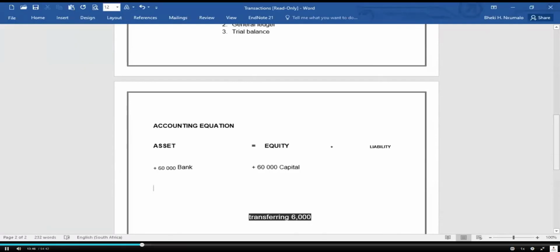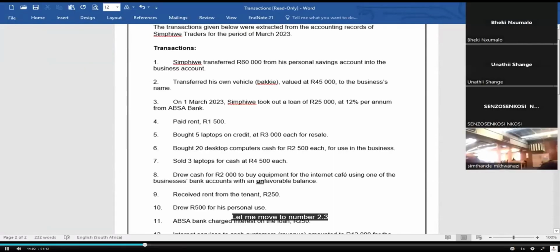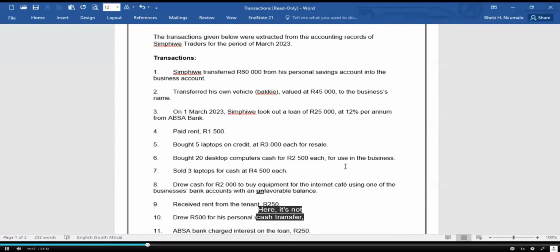Let me move to number two and three, and then I'll take some questions for clarity. Transaction number two, the same owner transferred his own vehicle, which is a bakkie, valued at 45,000 rand to the business name. Here, it's not cash transfer, but it's an asset. The value of an asset is 45,000 rand. Two accounts again. There is vehicle.